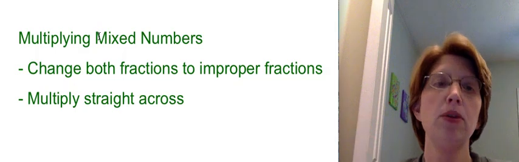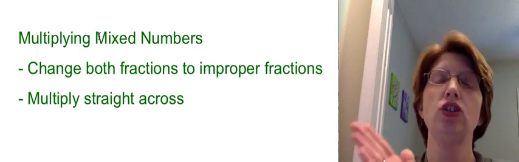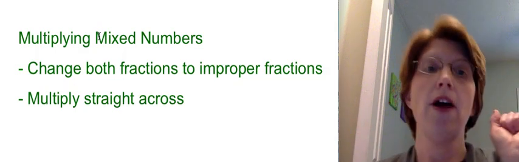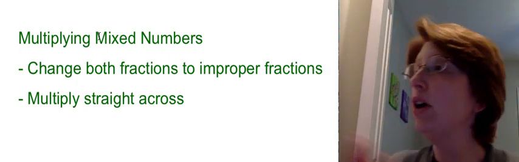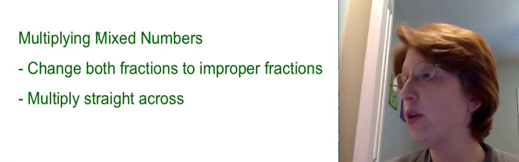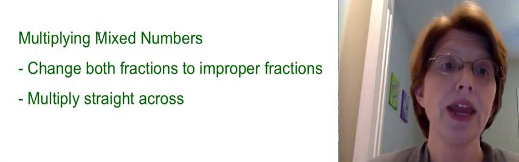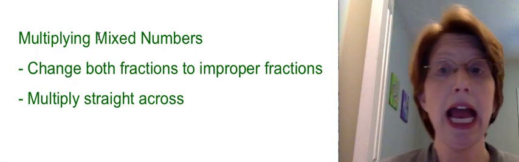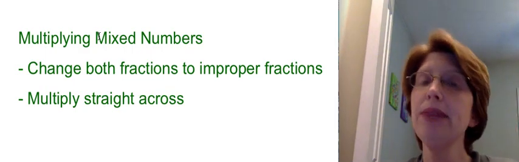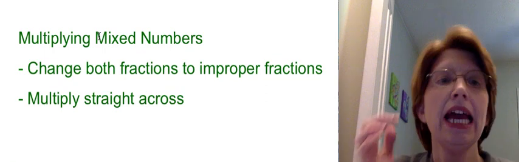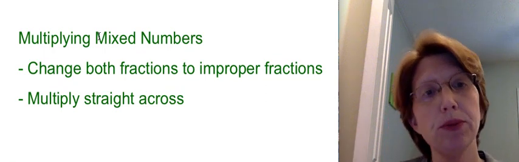Both numbers have to be changed to improper fractions first. Got it? Then you multiply, and then you write your answer in lowest terms. Same thing we practiced yesterday.